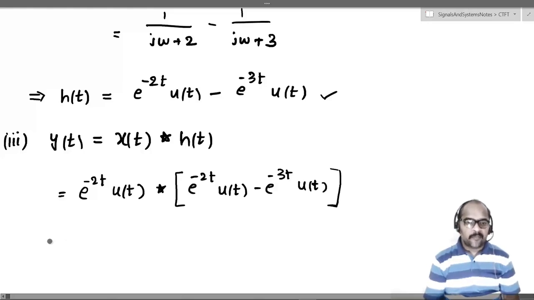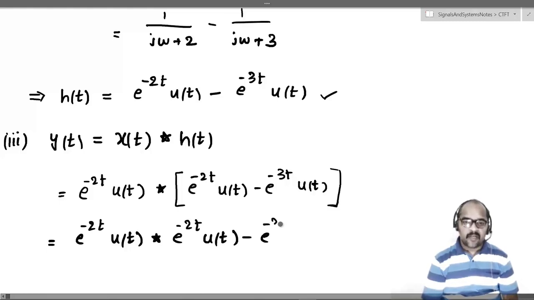Okay, so by using the result which we have got, first we will use the distributive property of convolution. So you will get e power minus 2t u of t convolved with e power minus 2t u of t, minus e power minus 2t u of t convolved with e power minus 3t u of t.